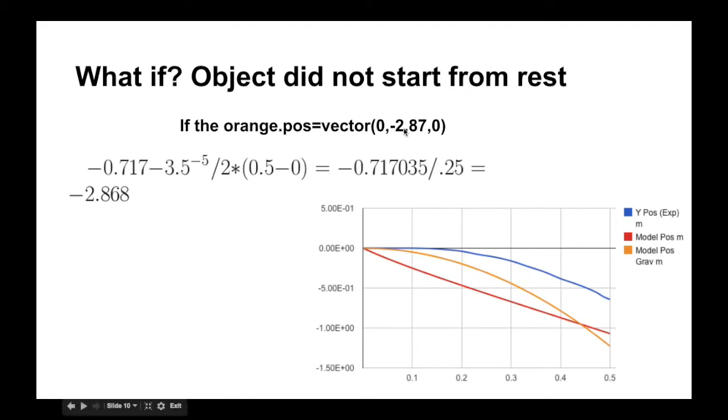So one of the questions asked, what if the object did not start from rest and had a downward motion to it? So what I did was I chose the value of negative 2.87, sort of just because I wanted to take half the average velocity. Thought that would be a better number to choose. So there's that calculation, and when I included that, my graphs turn out to be like this.